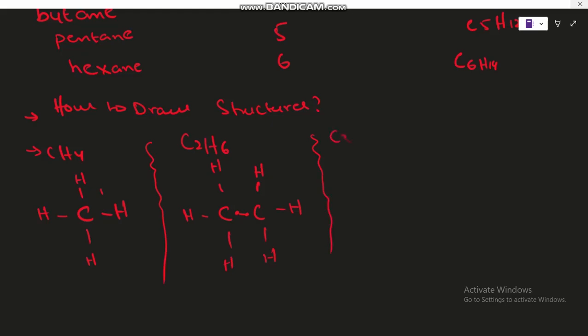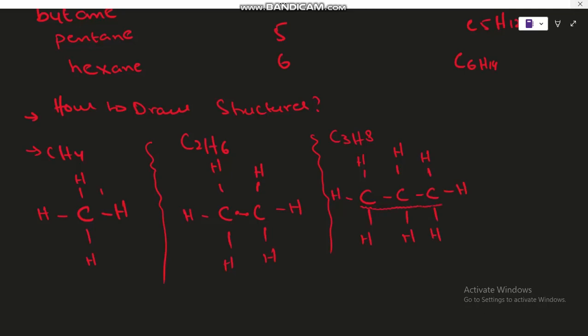Okay, now let's see C3H8. C3H8 means you'll have 3 carbon atoms like this. Sorry, I keep saying molecules. All you have to do is make the carbon chain first, like this. There's something that we call the carbon chain.